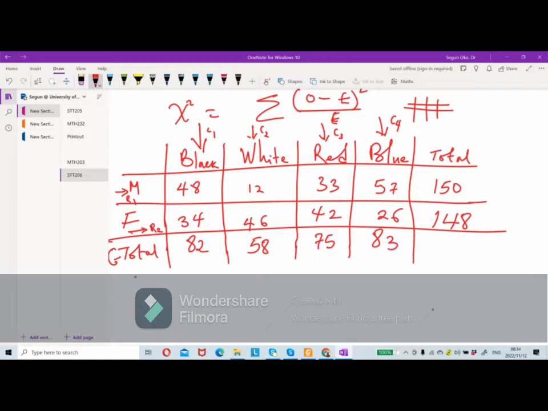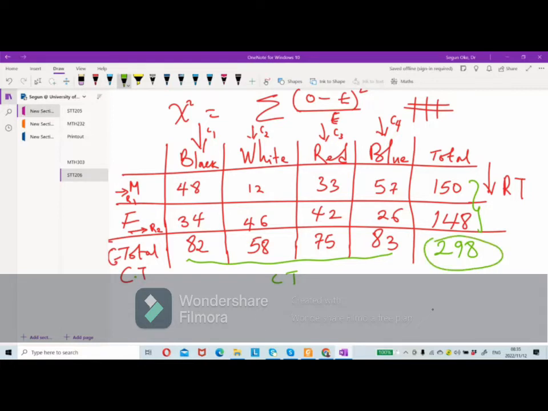Then here we call the row total. When you add everything here together, column C, and when you add this together, you must have the same thing, 298 for both.